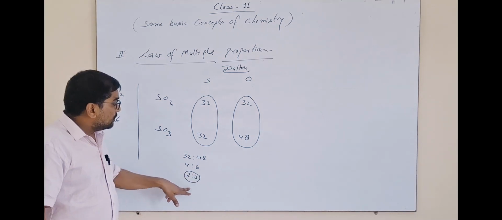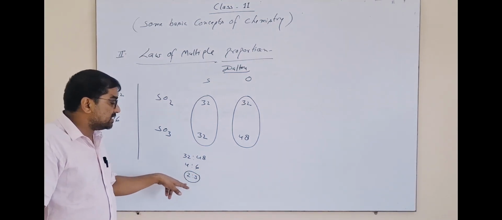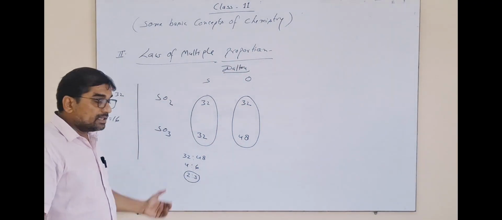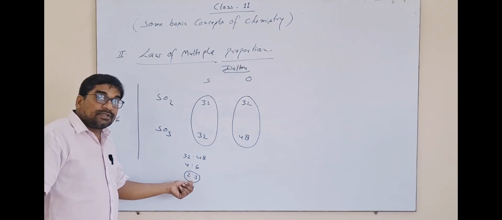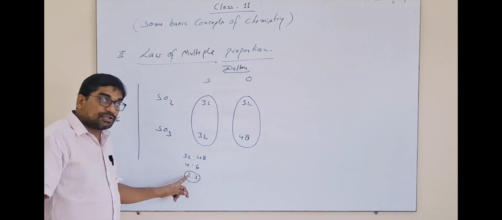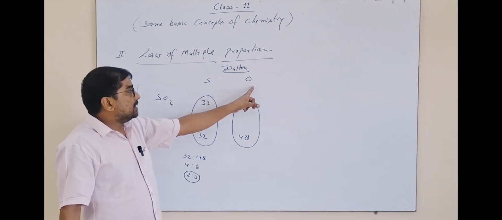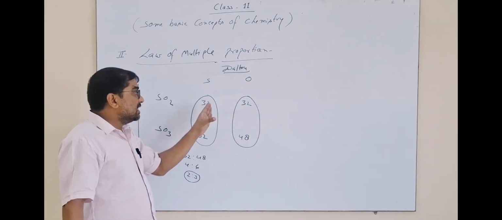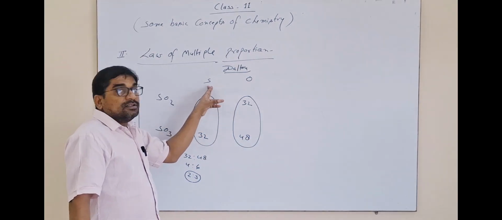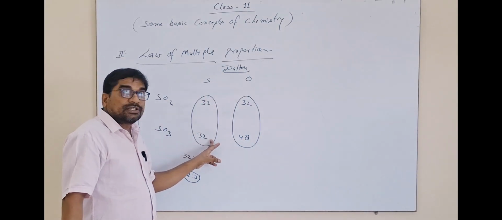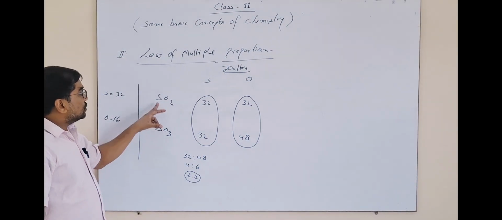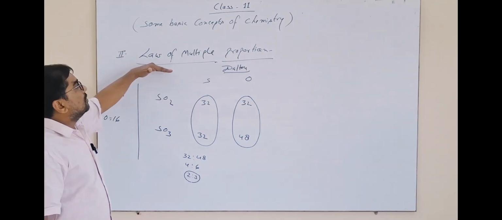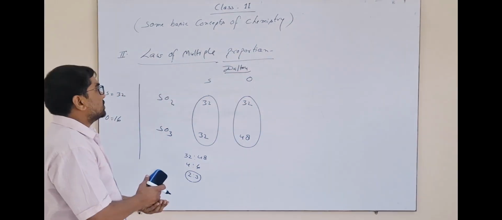So this simple whole number ratio is the key point of the law of multiple proportion. I repeat again. There will be a simple whole number ratio when an element with different proportion reacts with another element of fixed proportion that results in two or more than two products. It's called law of multiple proportion.